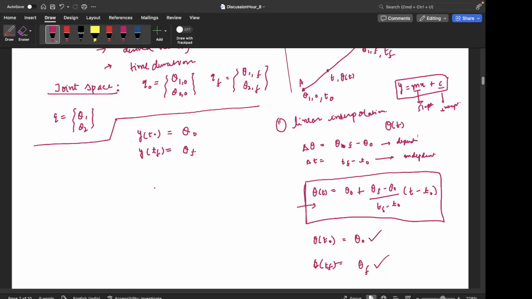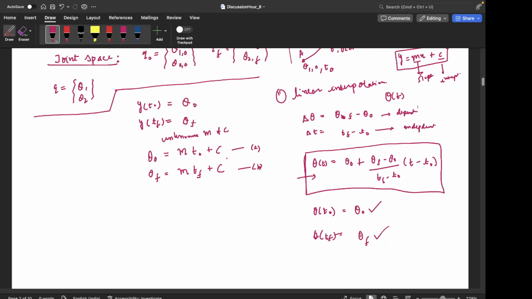So we write theta 0 is equal to m t0 plus c, and theta f is equal to m tf plus c. So we have two equations and two unknowns, m and c.